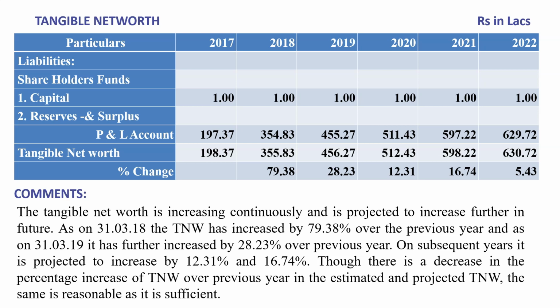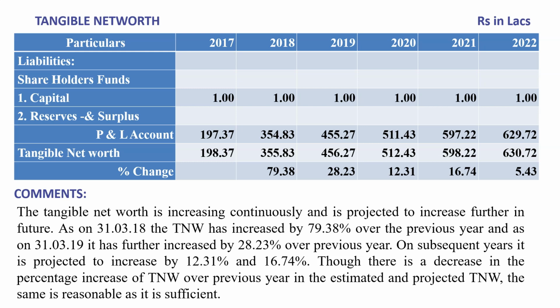And as on 31/3/2019, it has further increased by 28.23% over the previous year. In subsequent years, it is projected to increase by 12.31% and 16.74%. Though there is a decrease in the percentage of TNW over previous years, in the estimated and projected TNW, the same is reasonable and is sufficient.